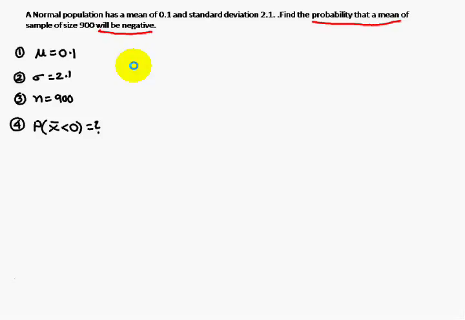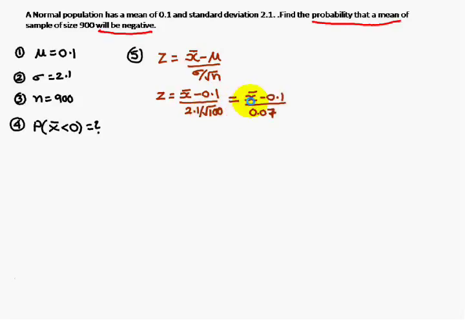For this we will use the formula z is equal to (x bar minus mu) divided by sigma by root n. The x bar value we don't know, but mu is 0.1, standard deviation is 2.1, and n value is 100. If you simplify this, you are going to get (x bar minus 0.1) by 0.07.